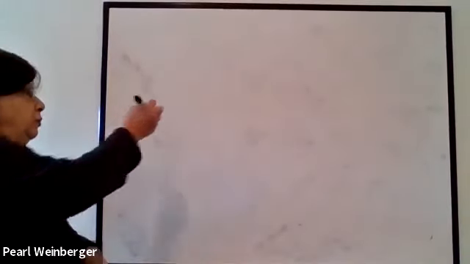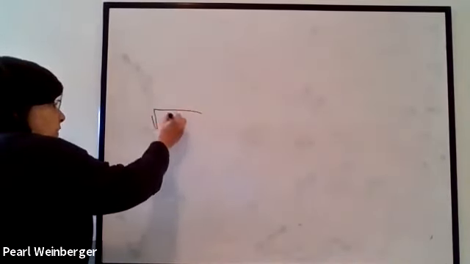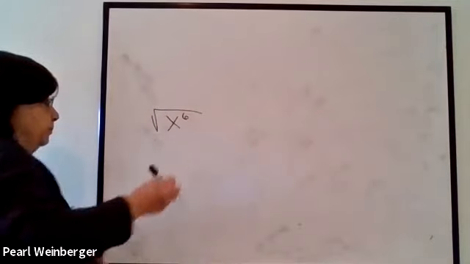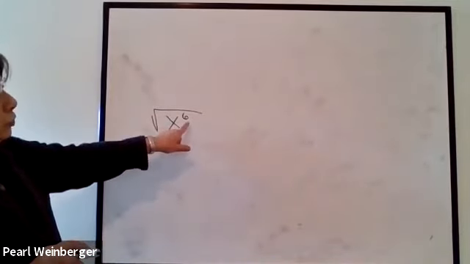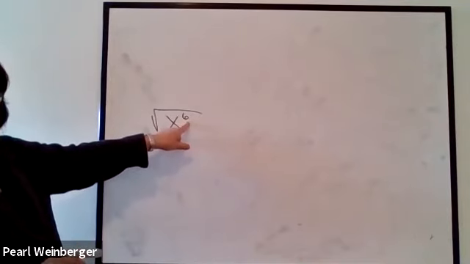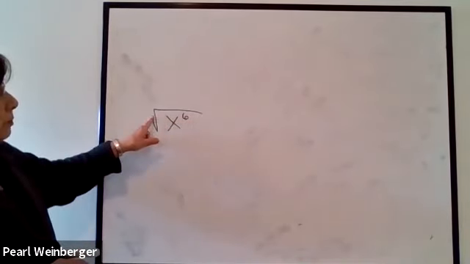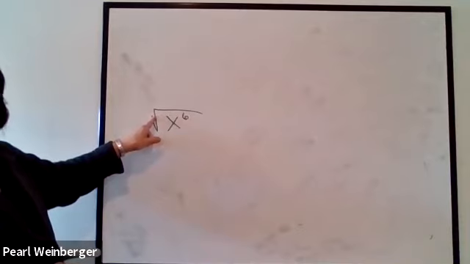So the rule is basically that when you have a variable inside your radical, for example, if you have the square root of x to the 6th, what you do is you take your exponent and divide it by the index.